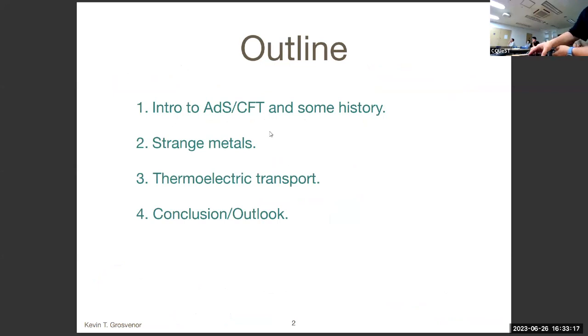And then we'll talk about the system that we want to apply it to, which are strange metals. And then specifically, I'll talk about the results that we have on some of the thermoelectric transport in these things called strange metals. I won't talk about everything in the paper. There's quite a lot of material that we put in this paper. But I'll talk about some of the things that I find to be the most important results.